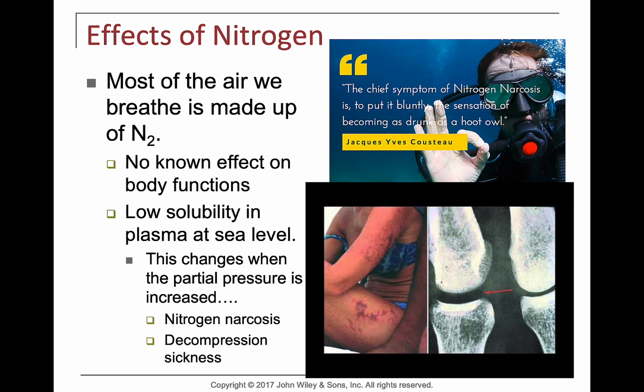The chief symptom of nitrogen narcosis is, to put it bluntly, the sensation of becoming as drunk as a hoot owl. It gives an intoxicated feeling, which on the surface may not be as bad if you're in a safe area. But if you are under the water at 70 feet and you're trying to take your regulator out of your mouth and give it to a fish, then it's not going to work very well for you.